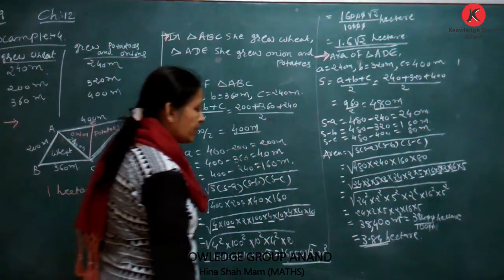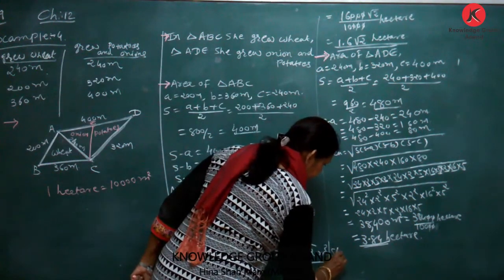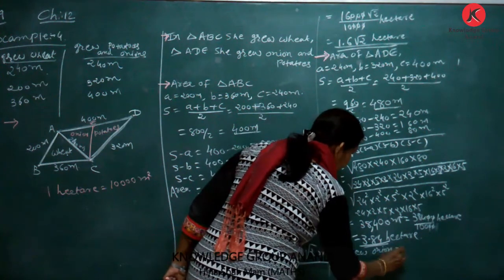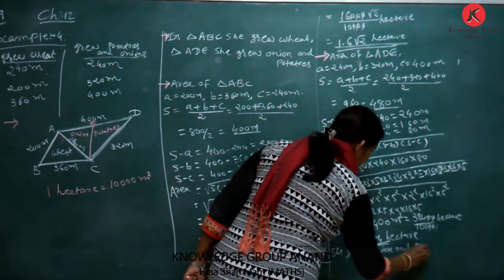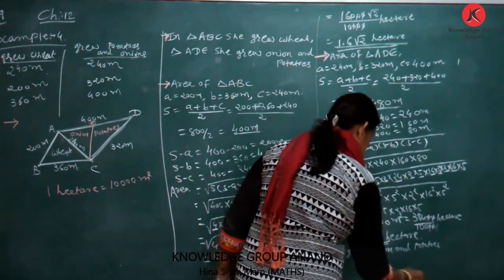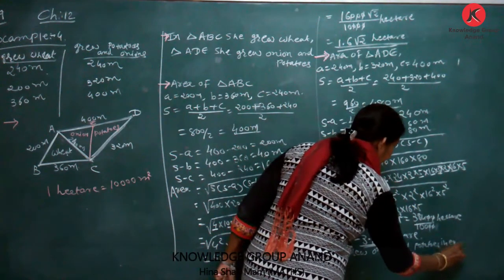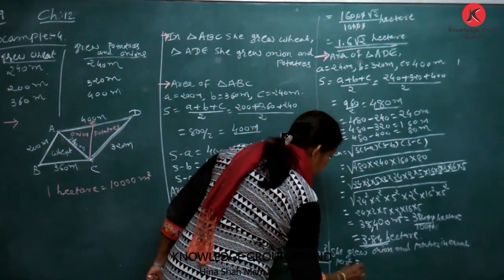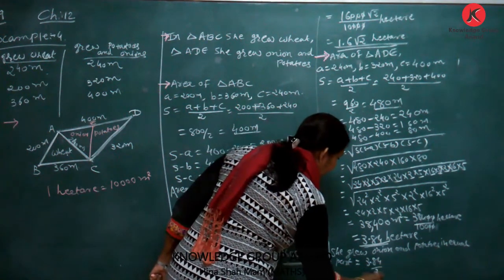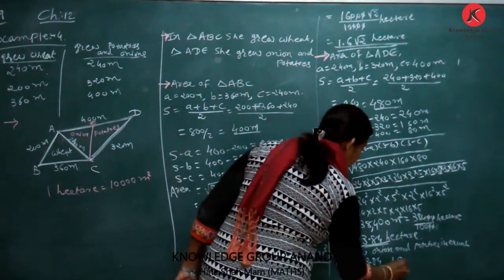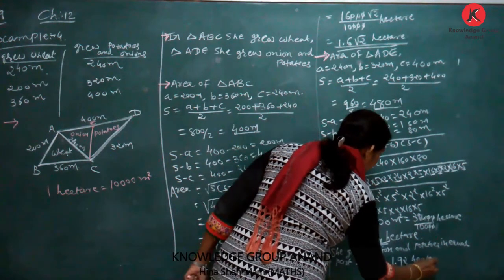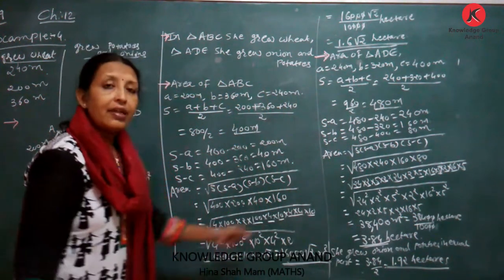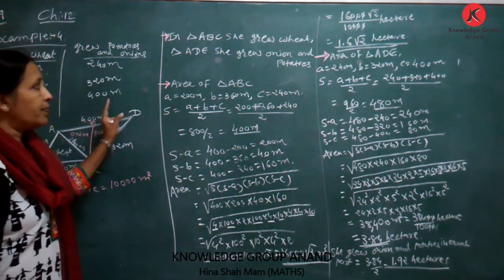Then she grew onion and potatoes in equal part equals to 3.84 divided by 2, which is 1.92 hectare. 1.92 hectares.